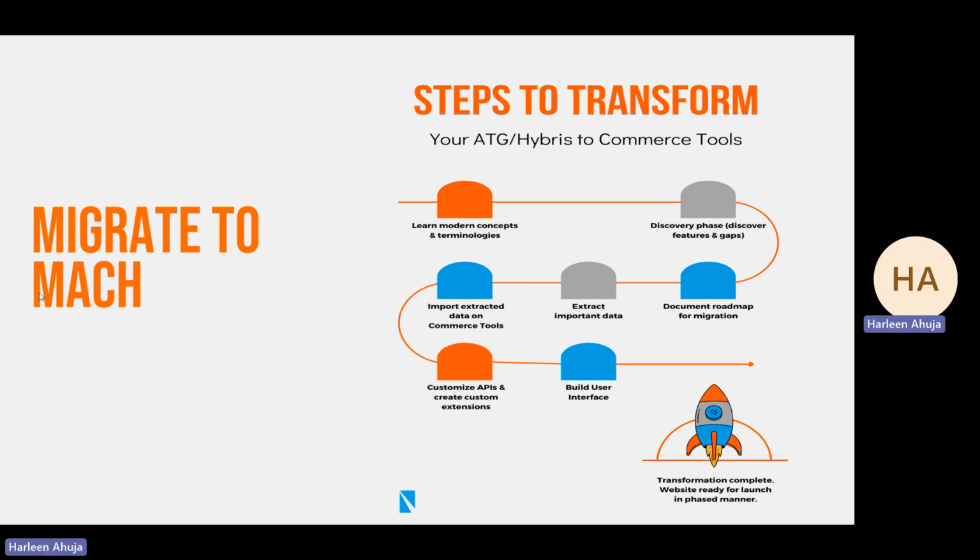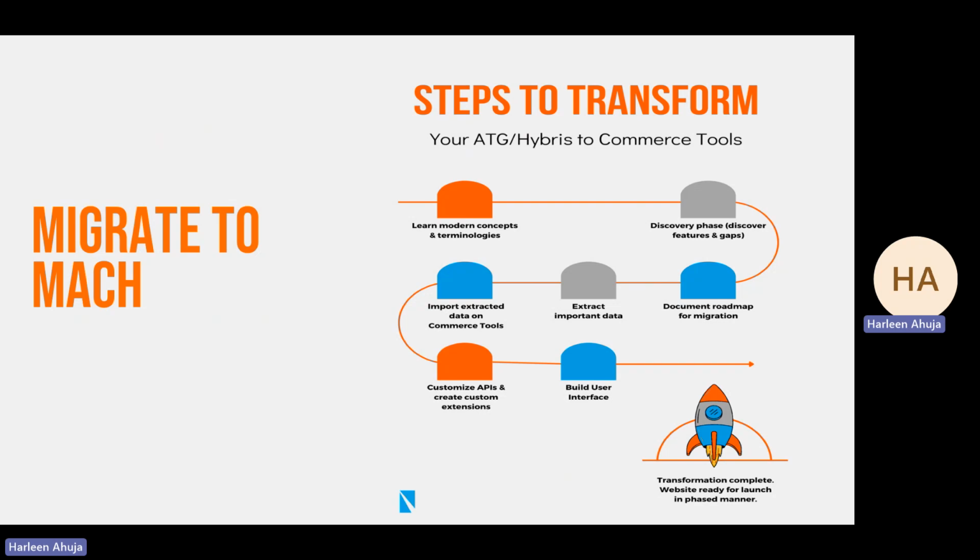And the last one in the league is building the user interface. Now the data has been extracted, the API's task has been done, custom extensions are already there, and your code is already there. So now we need to define the user interface. The user interface will be the only module during the migration process that has to be developed from scratch, possibly due to the strong coupling of UI code with the backend code.